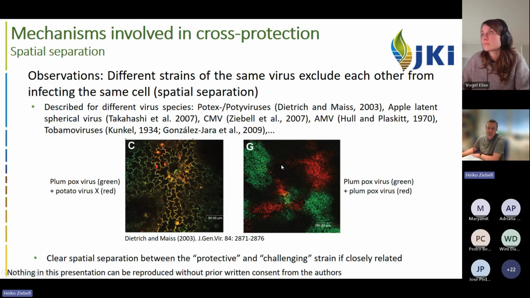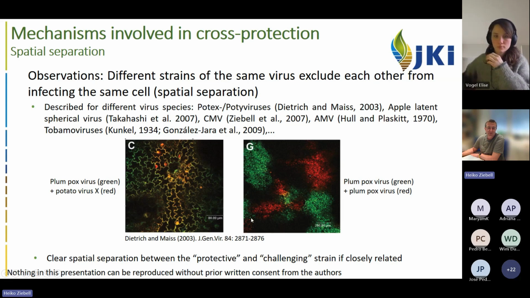But if we use a potyvirus with two different labels, they cannot infect the same cells, and there's a clear spatial separation between, let's call them here, protective and challenging strains. But the mechanism behind it could not be elucidated.